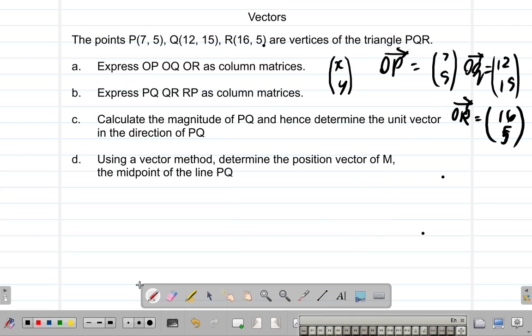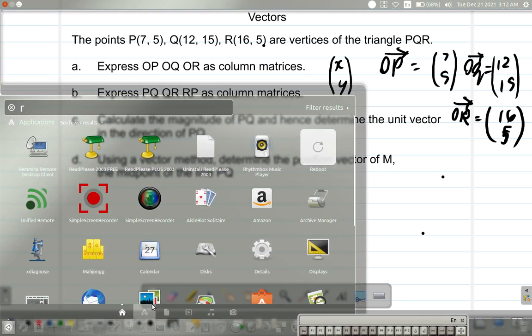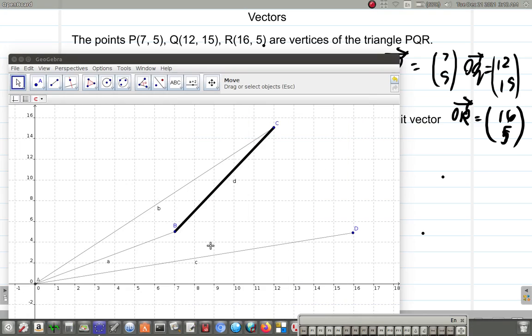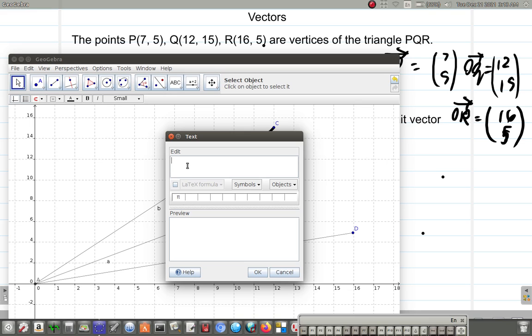Remember now, this would be our P and this Q right up here. Let me put in the letters that they represent.